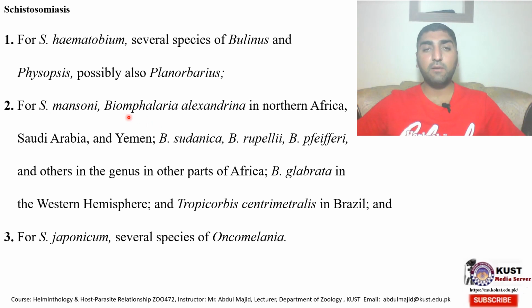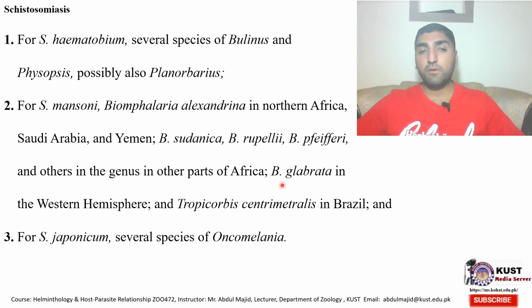So these are different snail species for Schistosoma mansoni in different areas of the world. Once again, Biomphalaria alexandrina in northern Africa, Saudi Arabia, and Yemen. Biomphalaria sudanica, ruppelli, and pfeifferi, and others. There are many others in the genus in different parts of Africa.